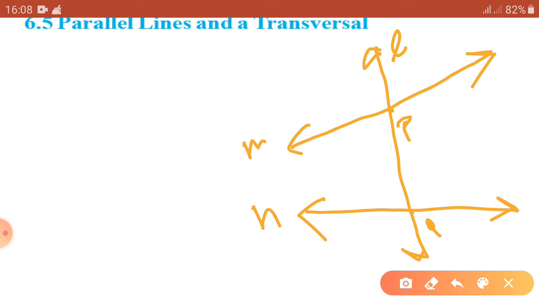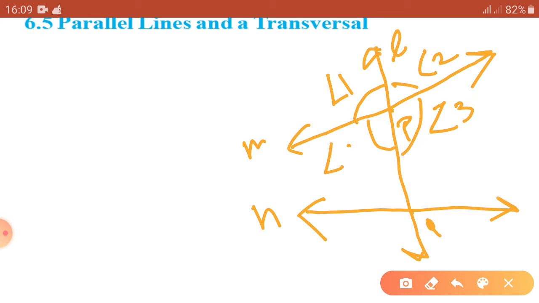Okay, now observe that four angles are formed at each of the points P and Q. Now let us give the name to all the angles here. So this is angle 1, this is angle 2, this is angle 3, this is angle 4.